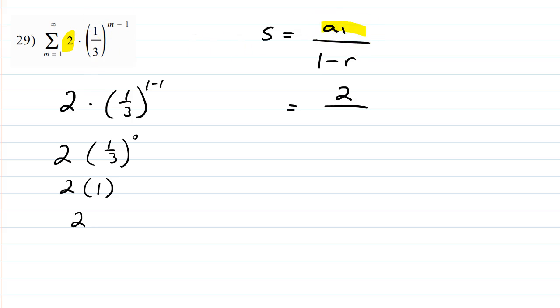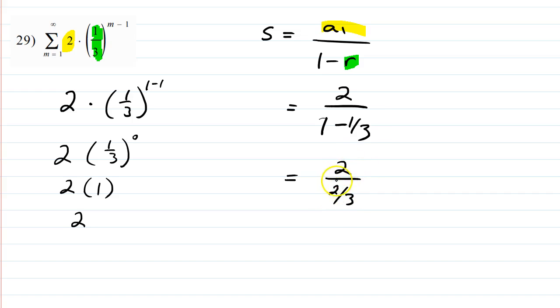First term. And now the number inside the parentheses is going to be our ratio. So now 1 minus 1/3. And so 1 minus 1/3 is 2/3.